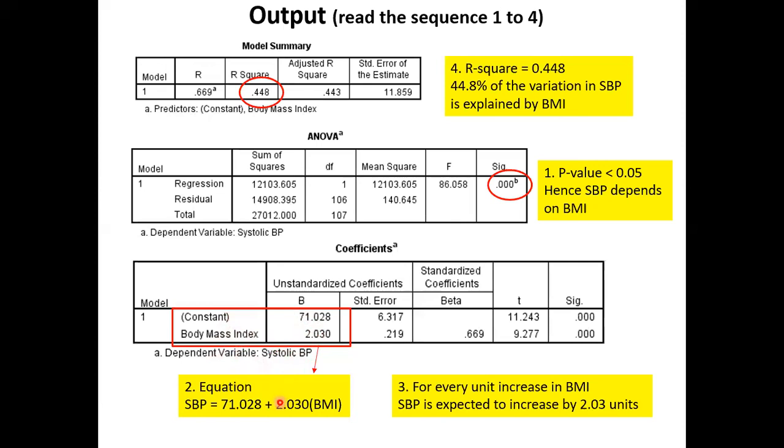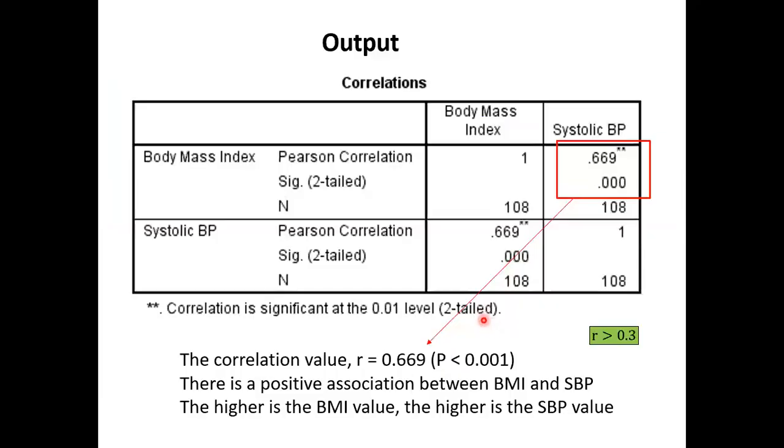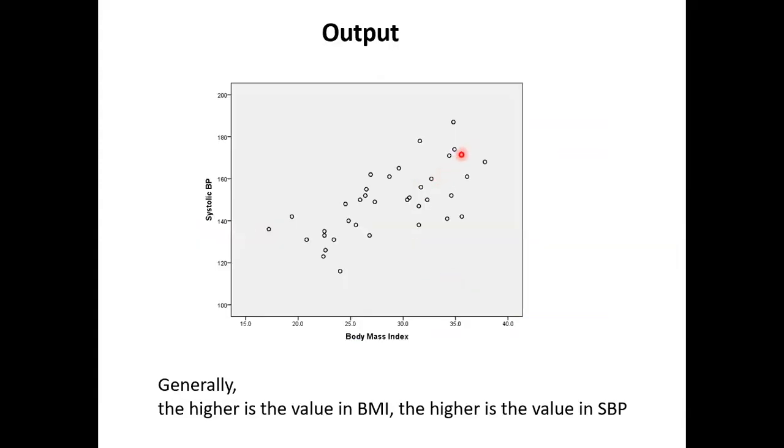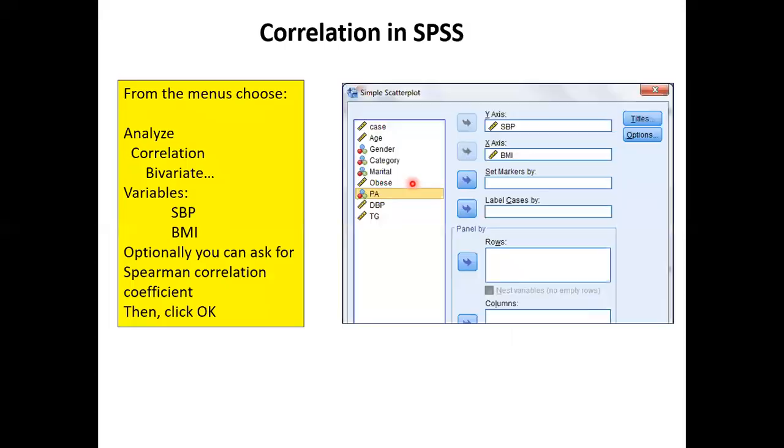So right here, 2.030 times the BMI. So what is the slope? In the graph here, we cut here, the slope, that's a value. That's how we say it: as BMI increases, BP increases. How? Every 1 point increase in BMI, BP is expected to increase by how many points?